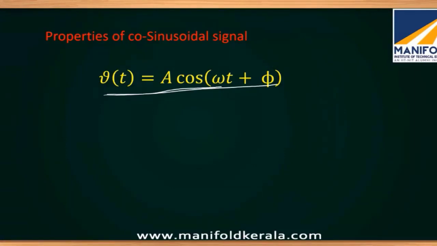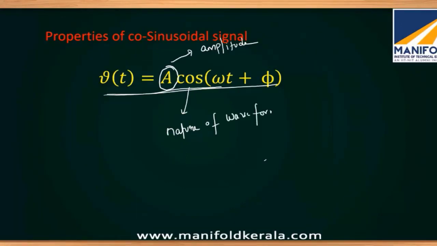There are four parameters. One is the amplitude, also called magnitude. Another is the nature of the waveform.